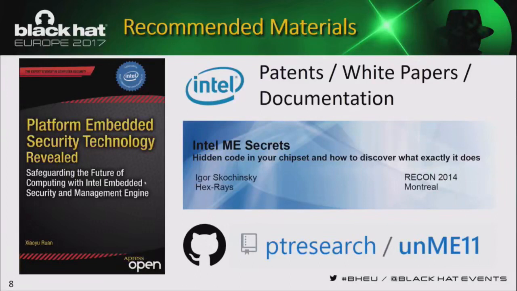It's pretty old. It's not about the latest version of ME. The latest one is ME11. It was developed for the Skylake architecture, and now Skylake and Kaby Lake processors work on ME11. And this one is for an older version of ME, but it still contains a lot of interesting facts, and I recommend it strongly. And here is an ME11 project on GitHub.